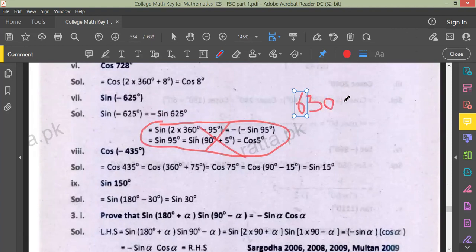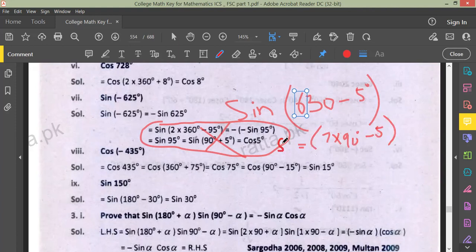If I divide 630 by 90, it is 7, which is an odd multiple. So this will become 7 multiplied by 90 minus 5. There will be sine. This is in the fourth quadrant.